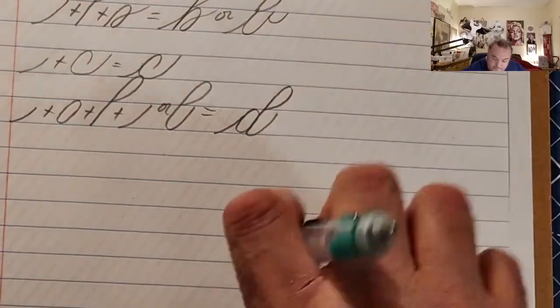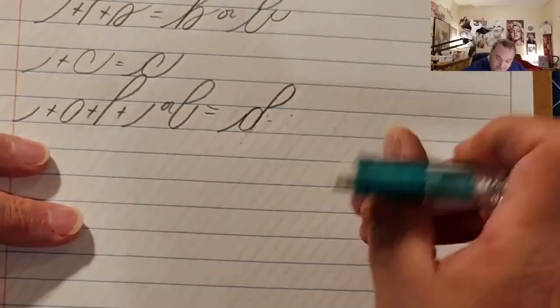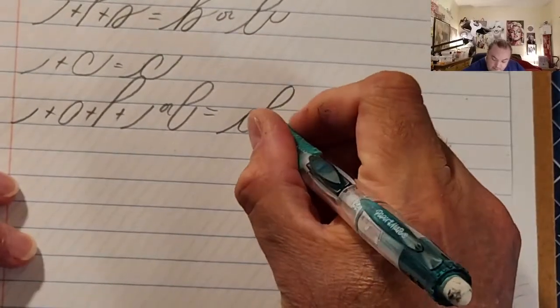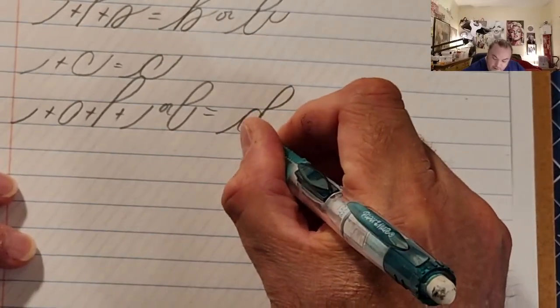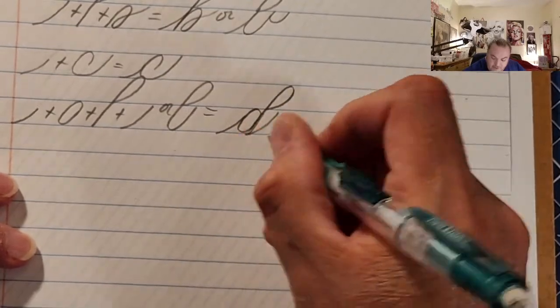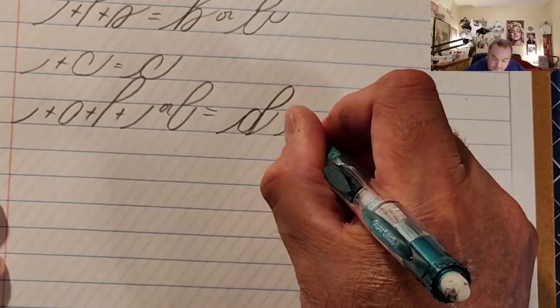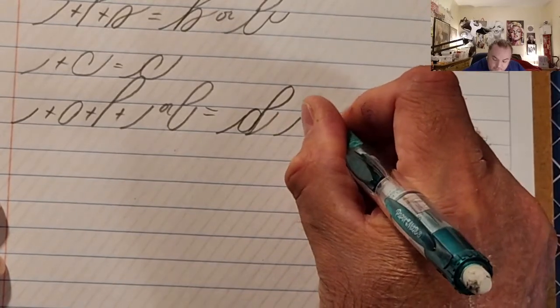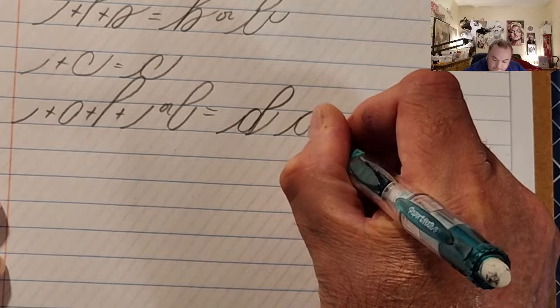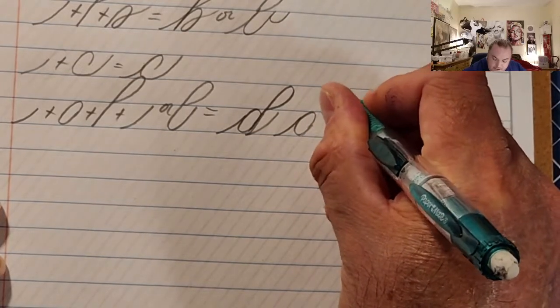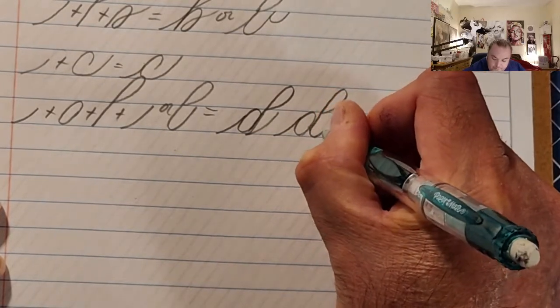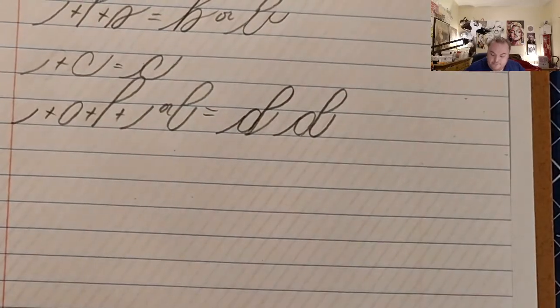Or one of my favorite things to see is when they come to a hard downstroke and then they do the sharp looking turn here. So upstroke, oval, ascending stem loop into a very round underturn.